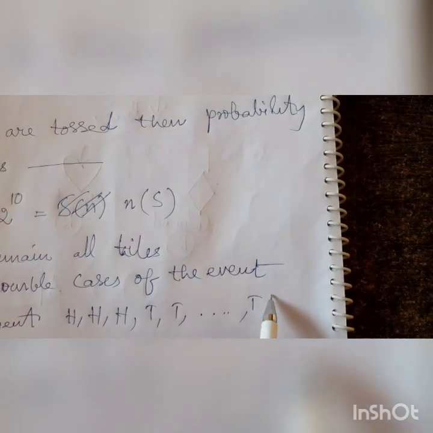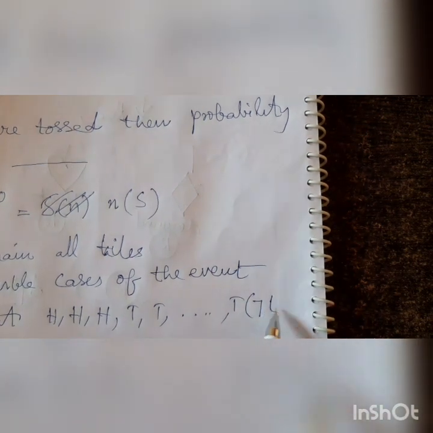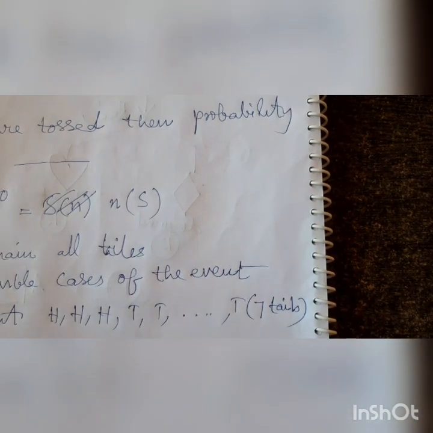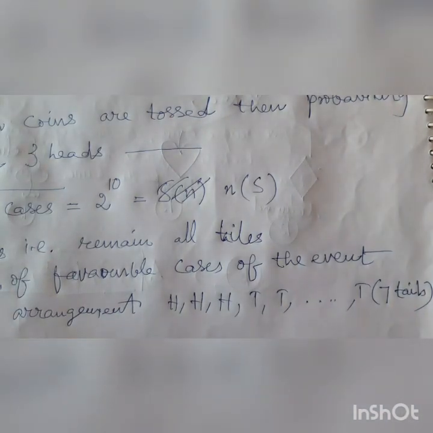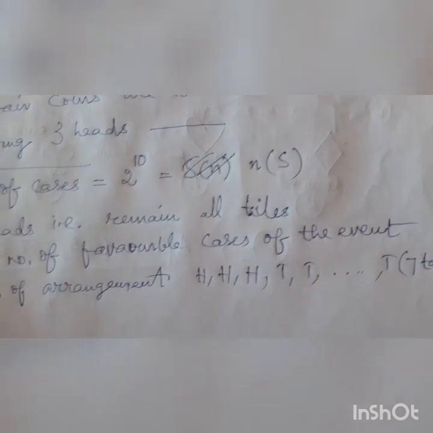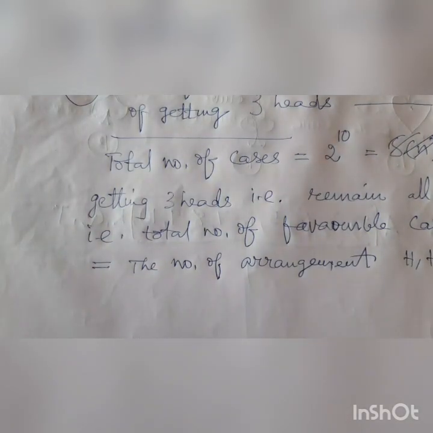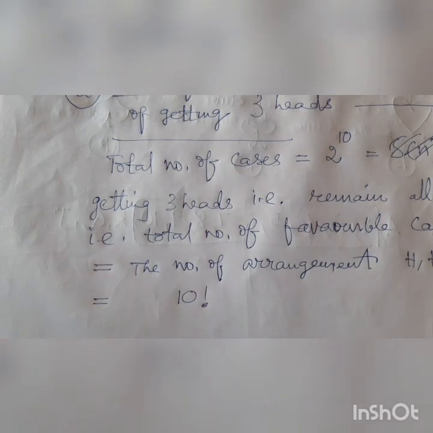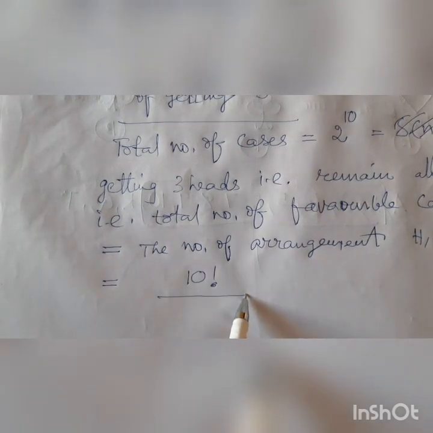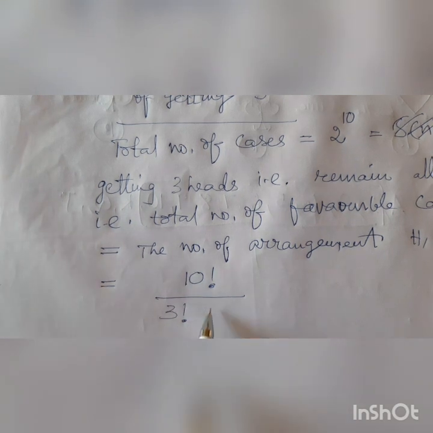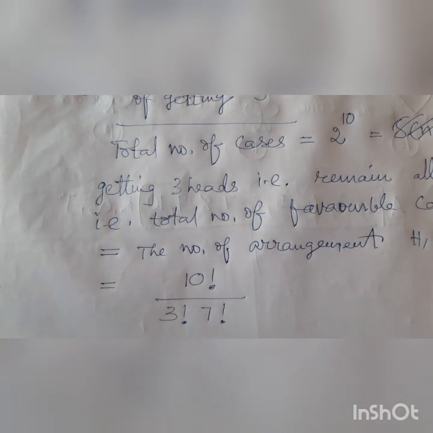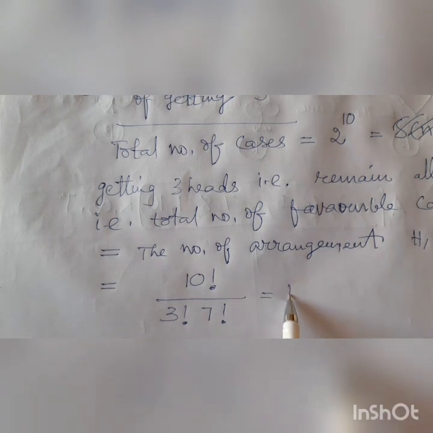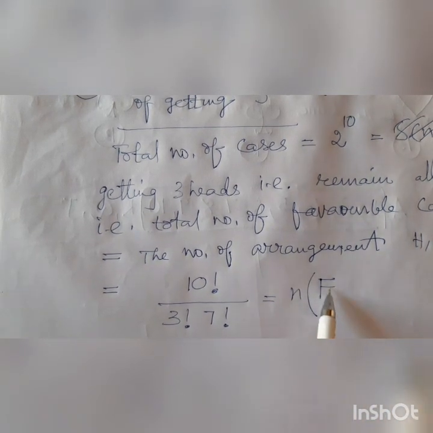How many? 7 tails, because we want 3 heads. It is equal to 10 factorial by 3 factorial into 7 factorial. This is n of E.